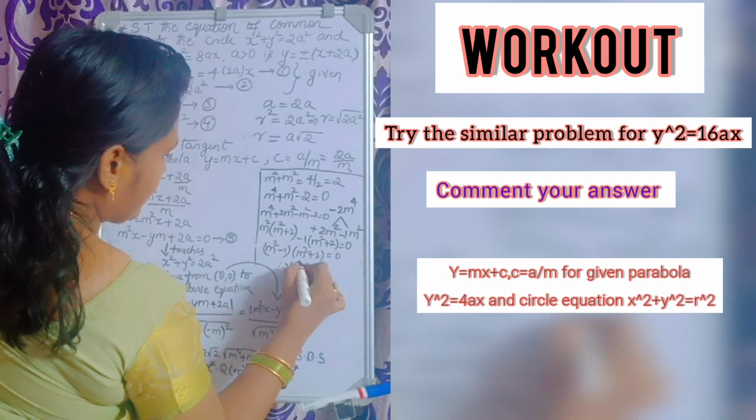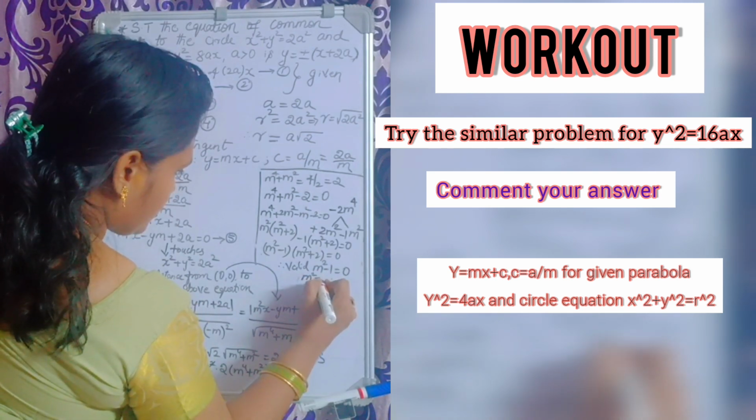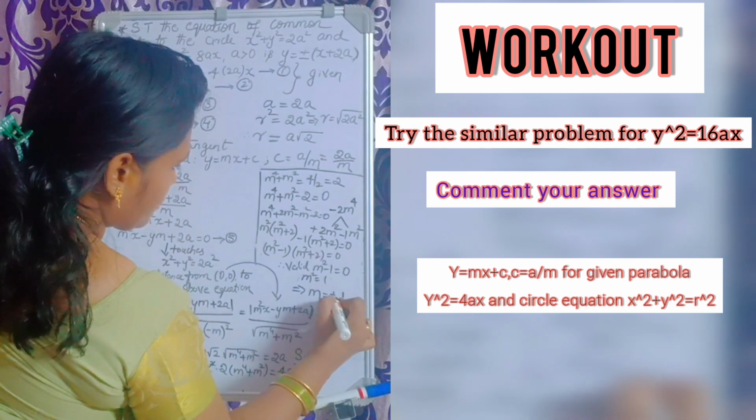Therefore, the valid value is m square minus 1 is equal to 0, m square is equal to 1, which implies m is equal to plus or minus 1.